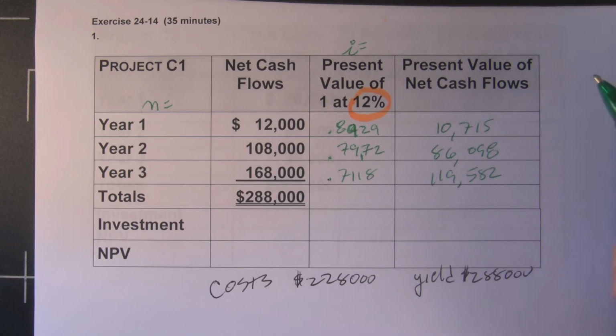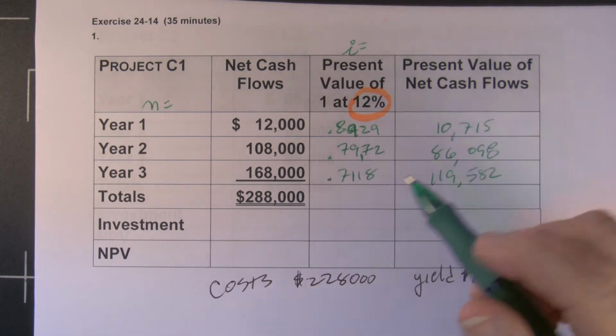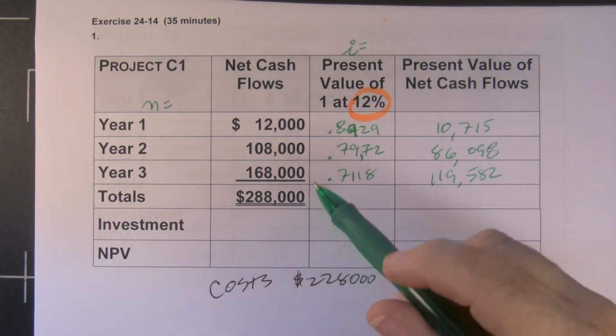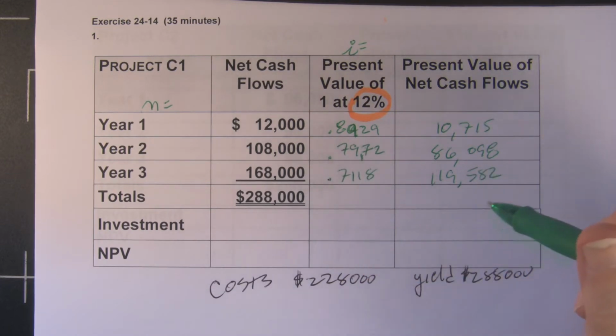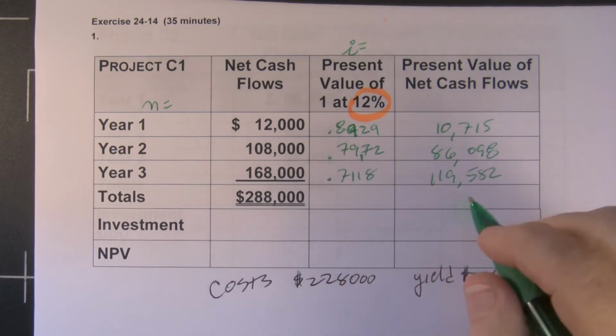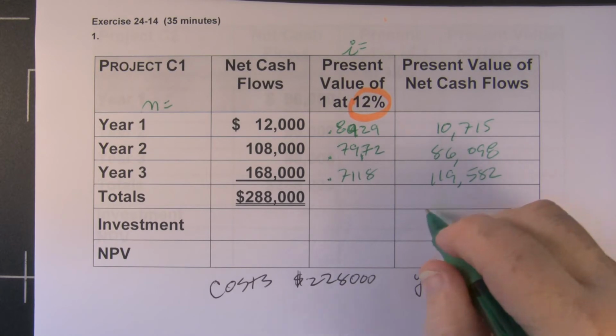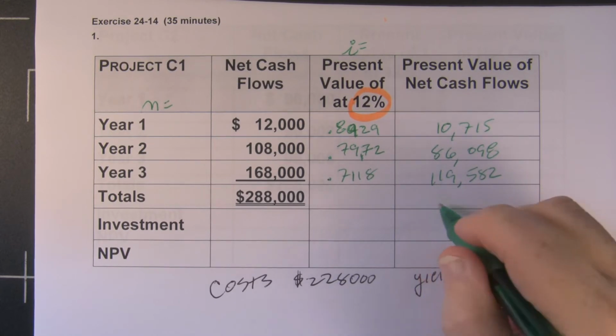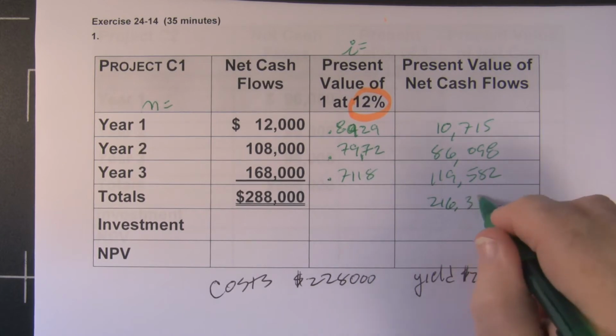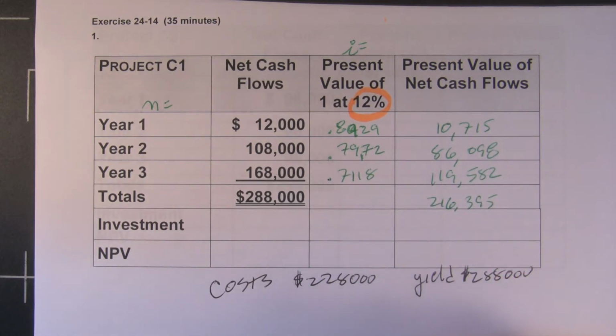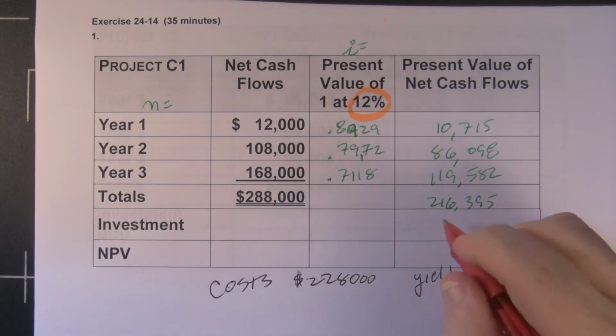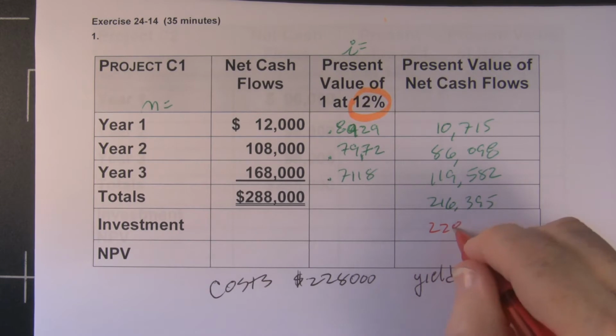So if this total of 288,000 comes in this way, the present value of those is $216,395. Our investment, same for all, $228,000.